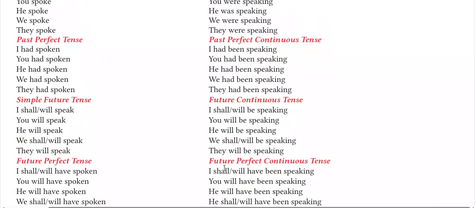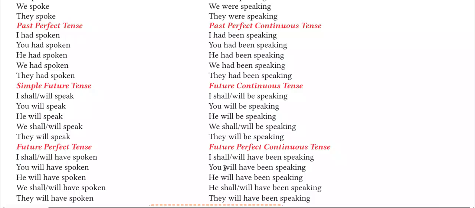Now, moving from past perfect tense to past perfect continuous tense, we see: I had spoken, I had been speaking; you had spoken, you had been speaking; he had spoken, he had been speaking; we had spoken, we had been speaking; they had spoken, they had been speaking.